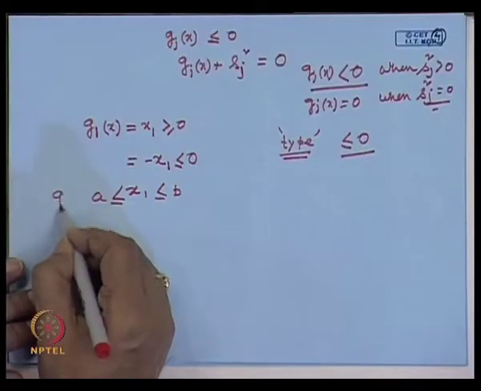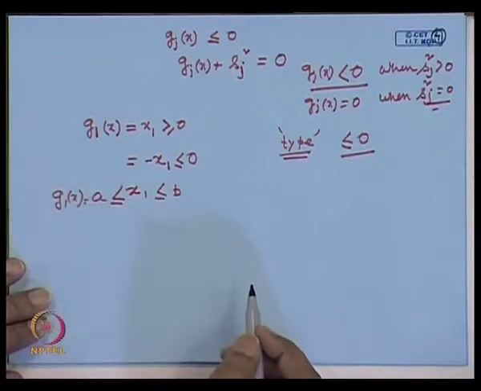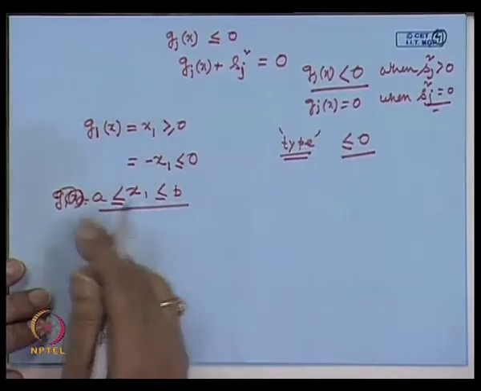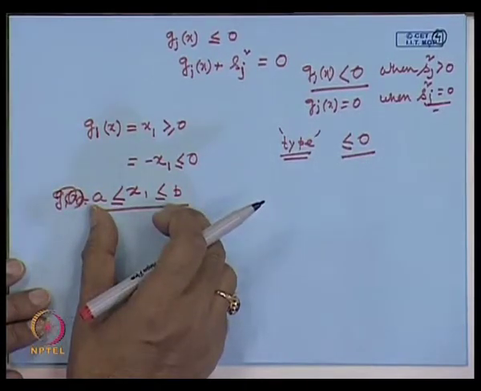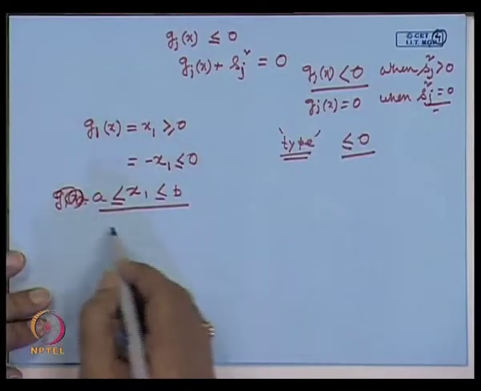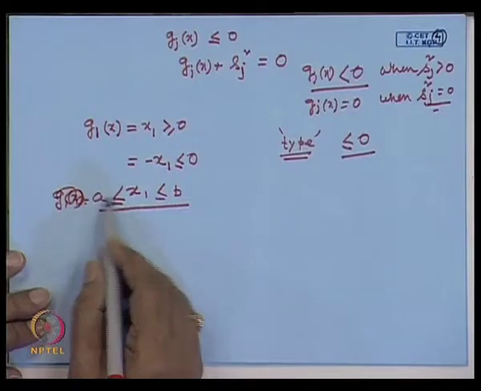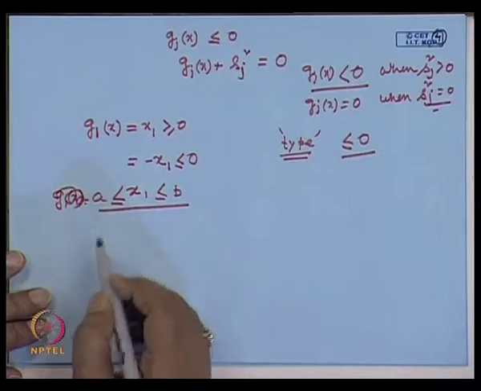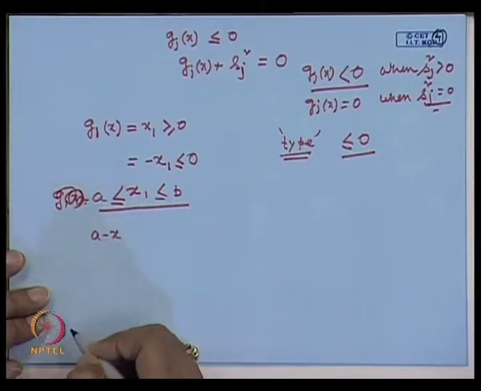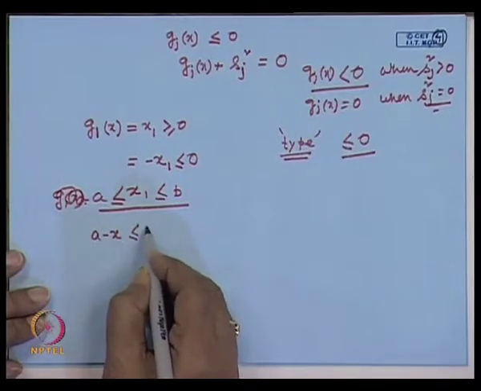So, let us call this g 1 of x. Again, this is g 1 of x, not g 1; this is the bound that is given. I can split this range up into two inequality constraints. If you write a minus x, what will this be? a minus x is less than or equal to 0.